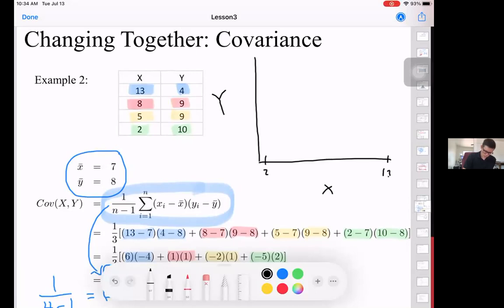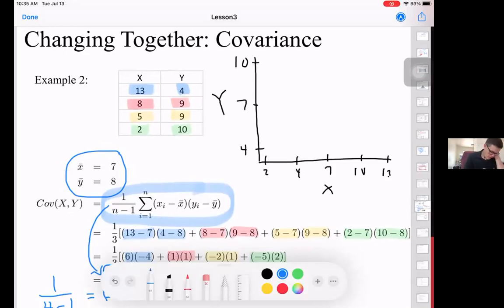So this will be something like 7. This will be something like 4. I'm not going to do every number, so something like 10. Okay. And then y's are between 4 and 10. This will be something like 7.